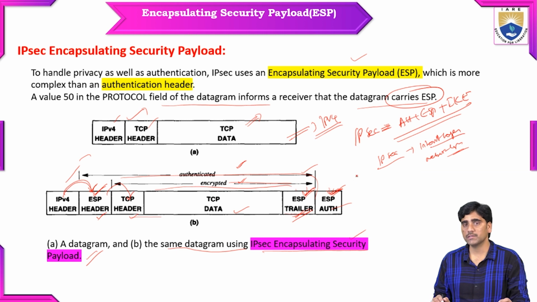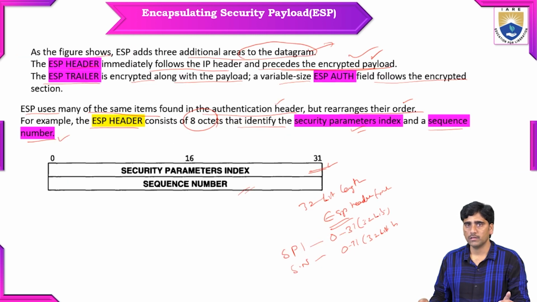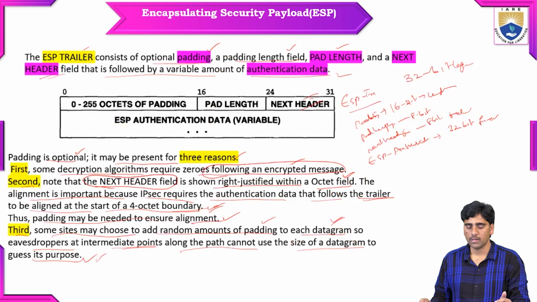For these purposes only, the ESP is added inside the IP protocol. Here is the ESP header format, which contains two fields, security parameters index and sequence number. And the ESP trailer contains the padding field, the pad length field, the next header field, and the ESP authentication data field.